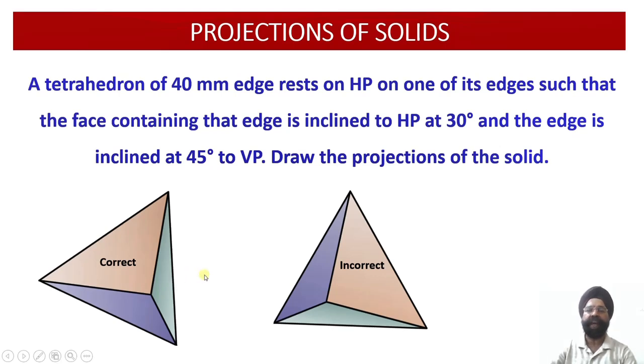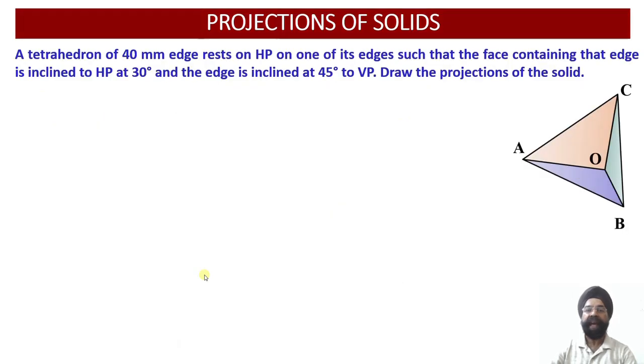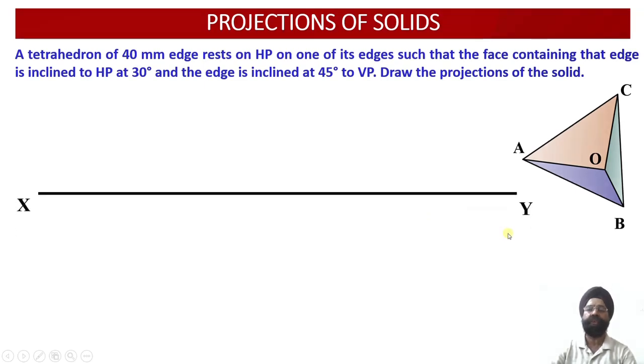So we will see while constructing the projections that the height of the tetrahedron is not required, whereas the axis height is usually required in the case of all other pyramids. We'll find out why the axis height is not required in the case of the tetrahedron.